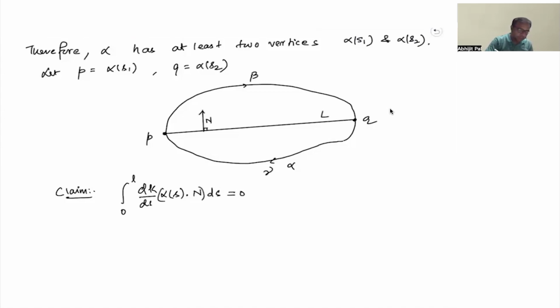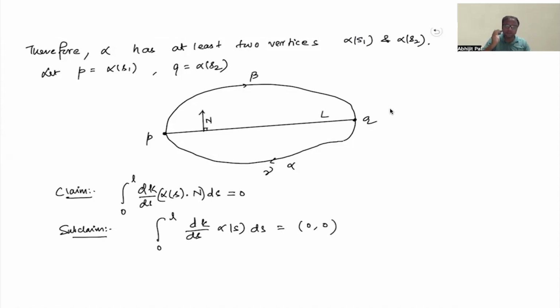In order to do this, first observe that this integral is equal to 0, 0.